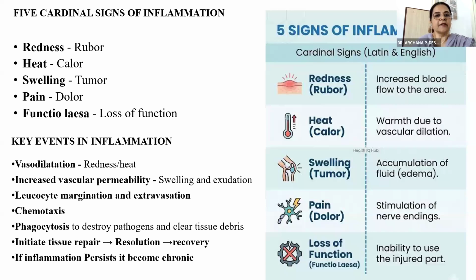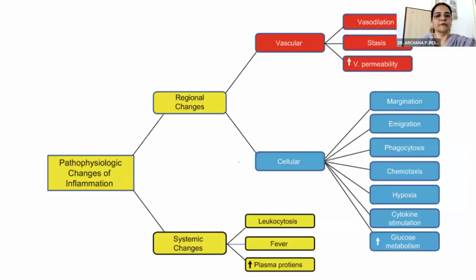Ma'am, the next slide, please. So these are the changes. You have the regional and the systemic changes. The regional changes are divided into the vascular and the cellular components. The vascular include the vasodilatation, increased permeability, and stasis, where the blood is actually going slow through that area because of the vasodilatation.